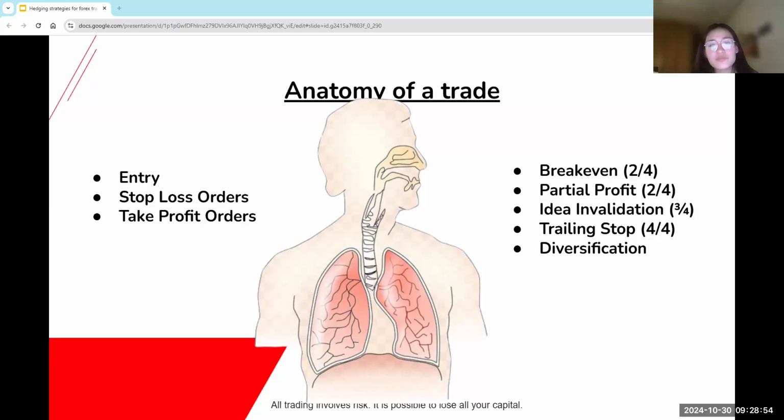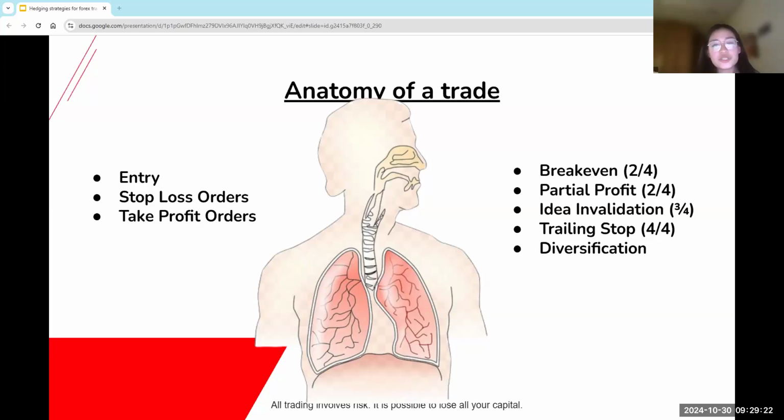Idea and validation basically happens when you are going in for a trade and you are admitting that there's a certain position where price exceeds that and you're trying to get out of that trade. That's your idea and validation point, and that's where you get out of the trade.